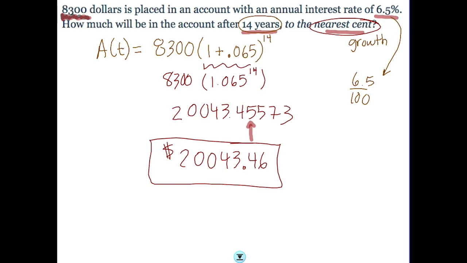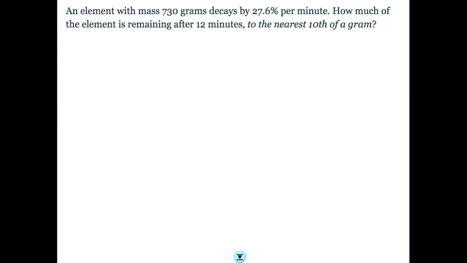Now we're going to go backwards and do an exponential decay problem. The initial amount is 730 grams, decaying by 27.6% per minute. How much element is remaining after 12 minutes? Put the answer to the nearest tenth.